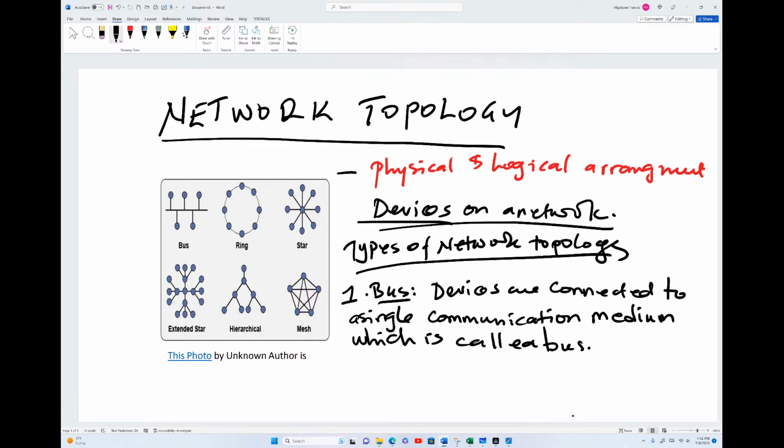All devices share the same communication channel. The data is transmitted in both directions.